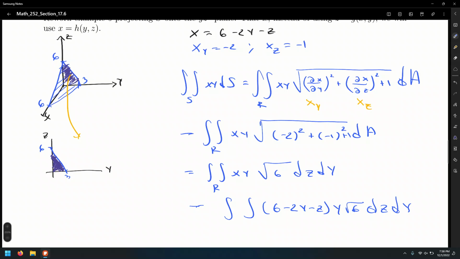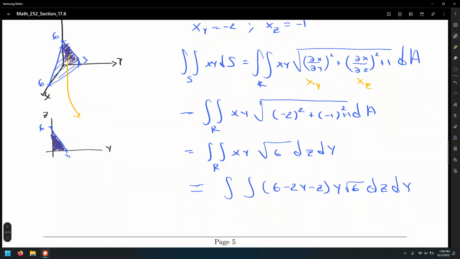Let's look at the limits of integration. We already have the projection onto the YZ plane. We have an equation where the intercept is 6 and the slope is rise 6, run 3, that is negative 6 over 3, so negative 2y. So z goes from 0 to negative 2y plus 6, and y goes from 0 to 3.